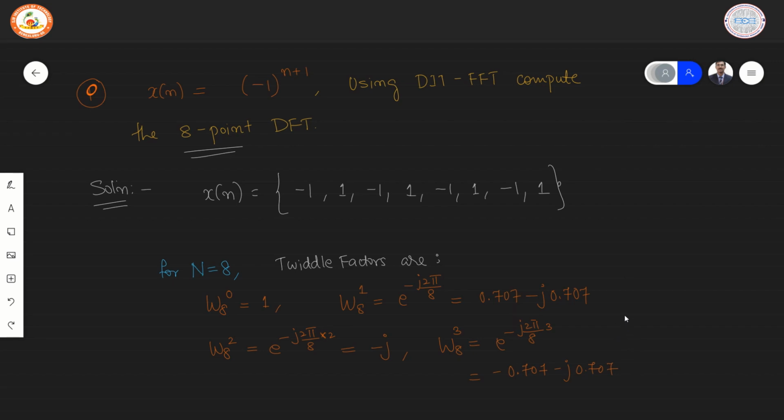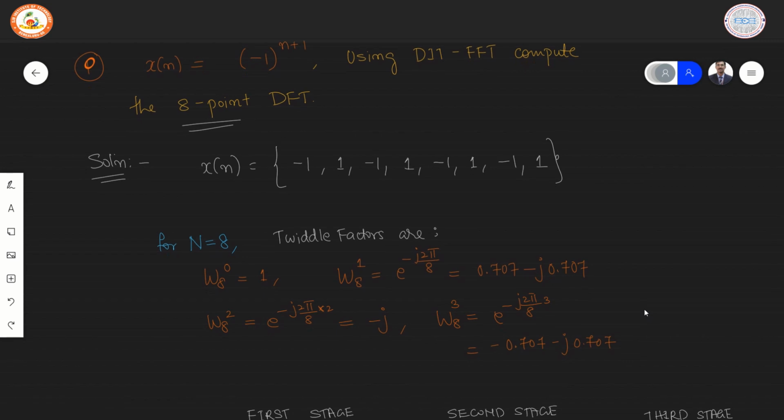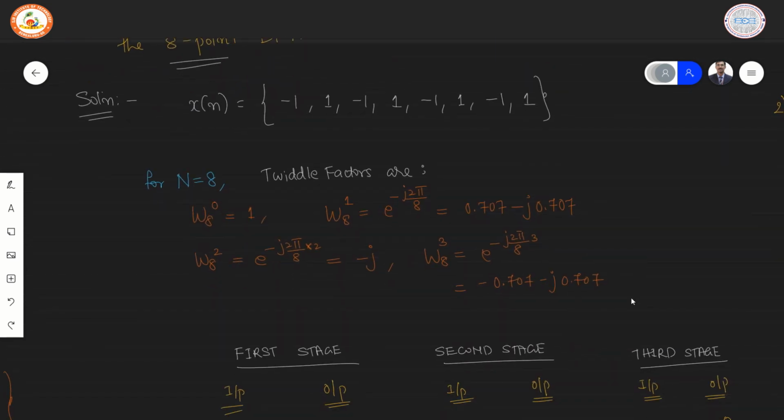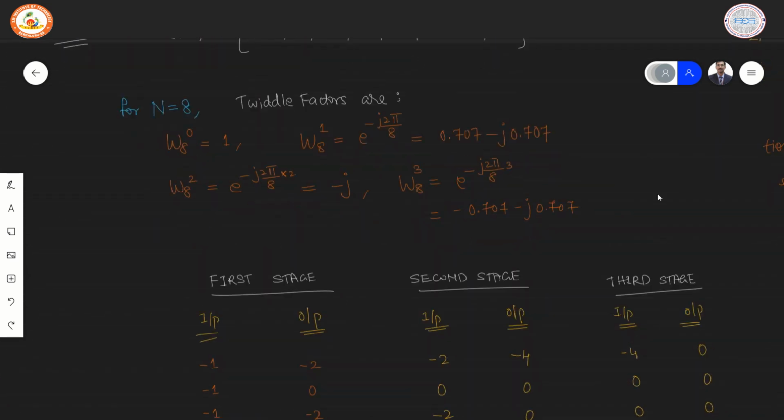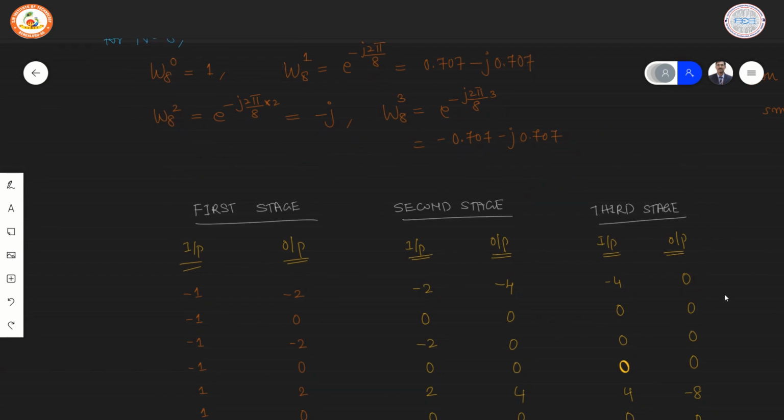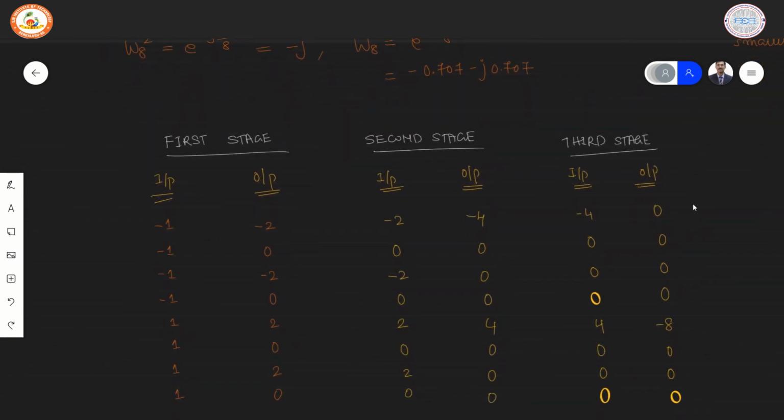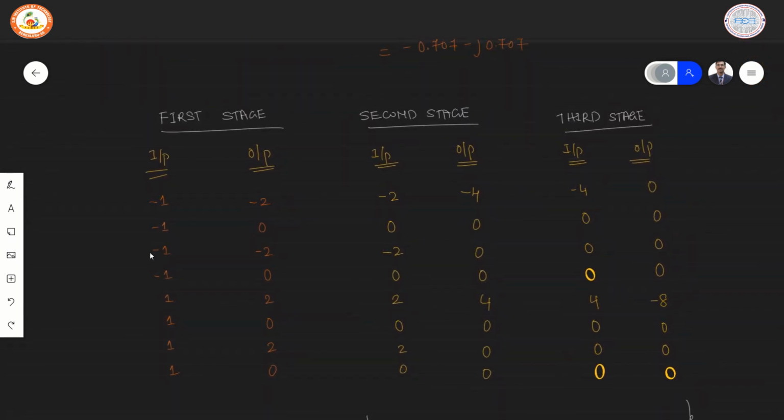So the structure which is going to be used in this particular problem will be the same as that you had in the last one. So the method is going to be quite the same here. For your convenience, only the results of the various stages have been denoted. What are the inputs for the first stage and what answer you expect to get as an output?